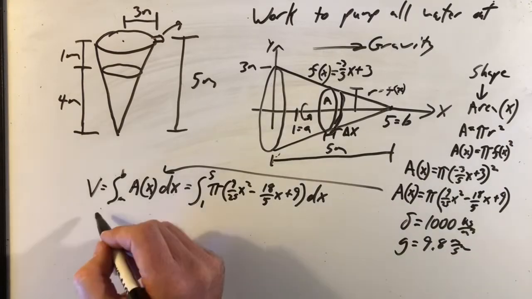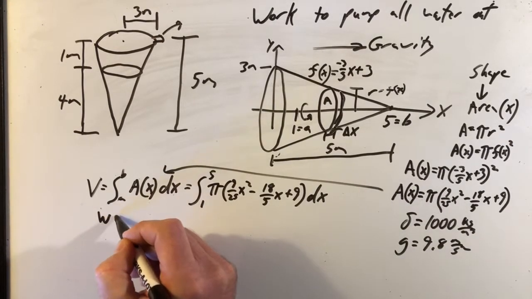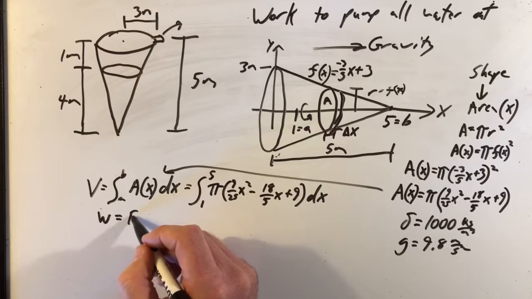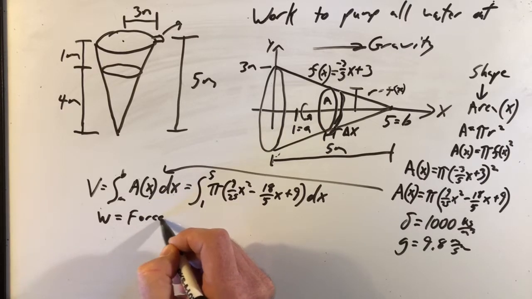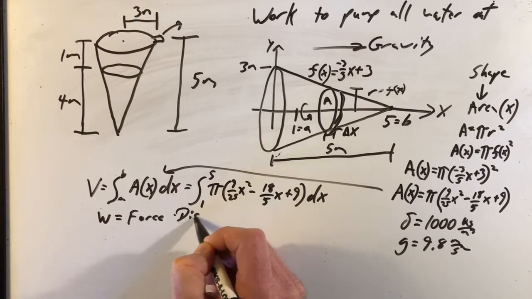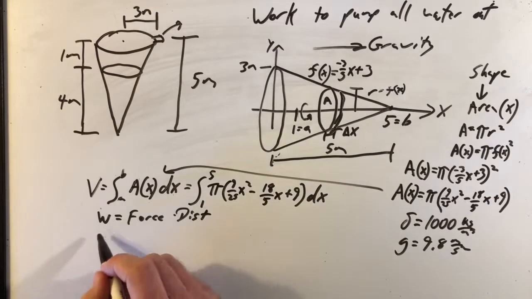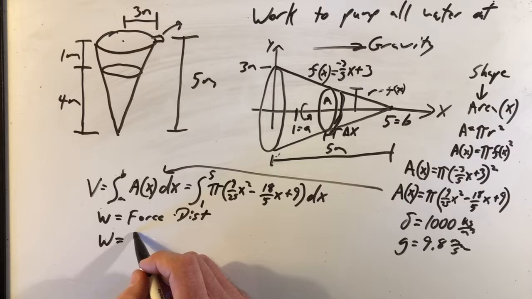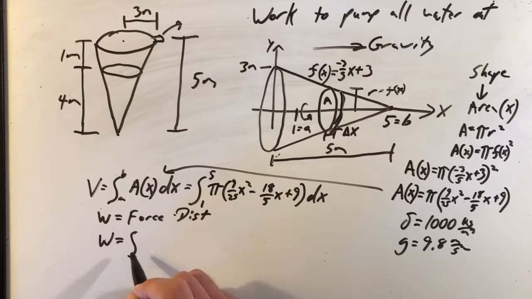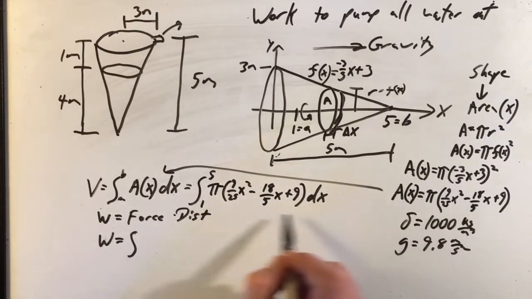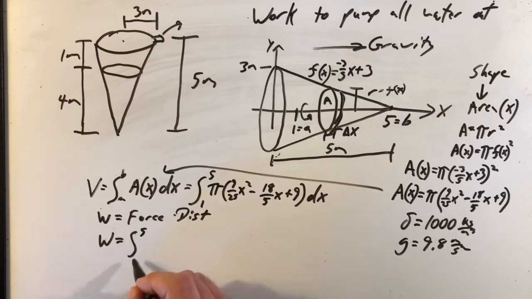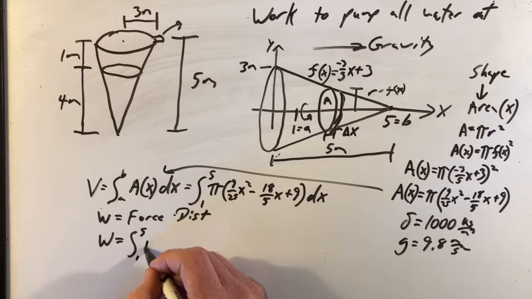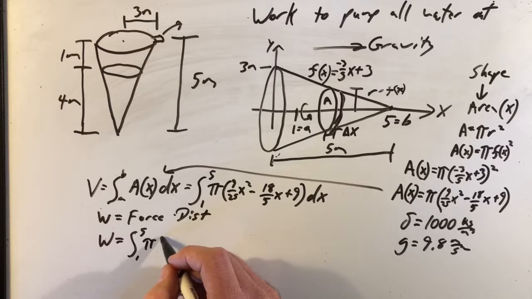Okay, so work equals force times distance. Work equals the integral, it's going to look just like this here, 5 to 1. So we're putting in the volume component.